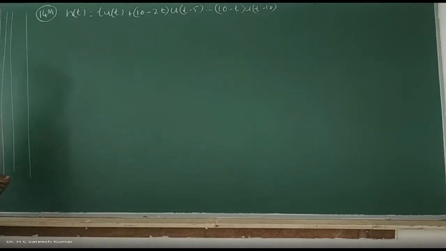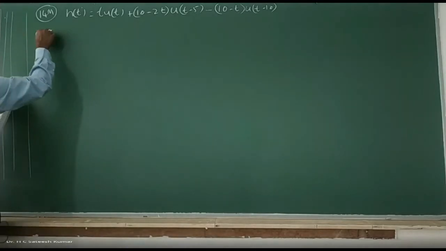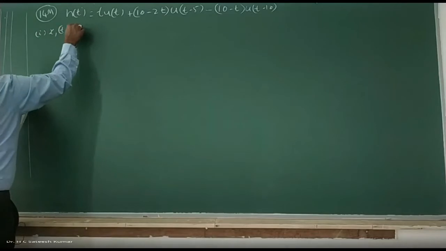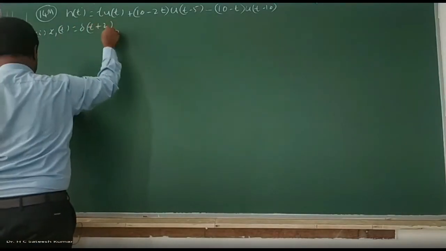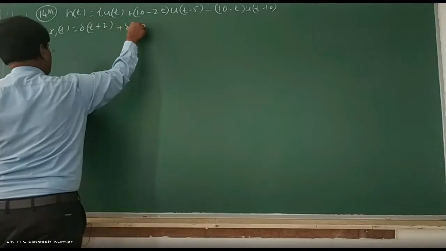So first of all, in this problem, he said an LTI system has an impulse response h of t given by this equation. Determine the output for each of the following inputs. One input is x1 of t is equal to delta of t plus 2 plus delta of t minus 5.